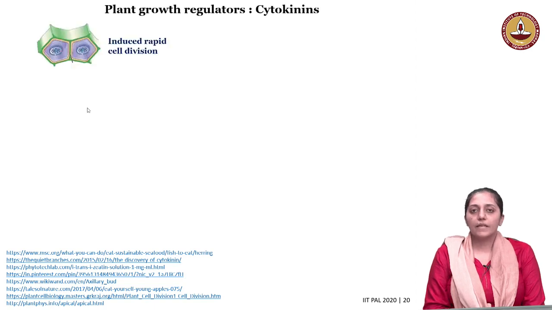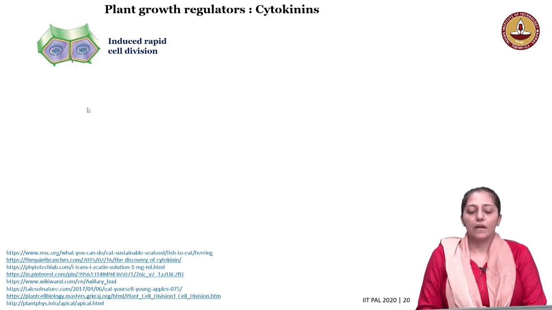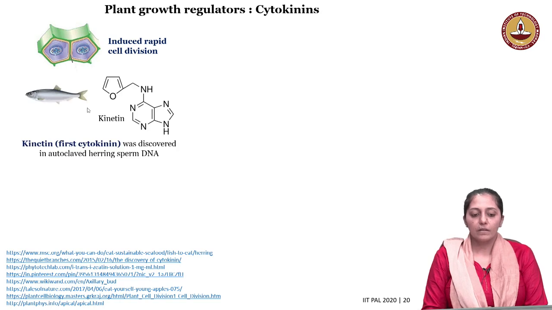Let us talk about the third plant growth promoting hormones or regulators, which are called cytokinins. Cytokinins are known to induce rapid cell division in plants. They were first discovered in autoclaved sperm DNA from herring. Herring is a fish, and kinetin was the first cytokinin discovered in its sperm DNA.